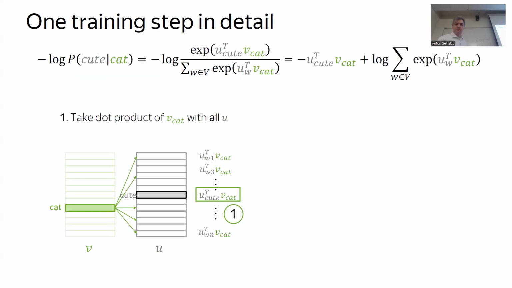But here's the idea. Because we use SGD, we work with just one central word instead of the sum over T words. And when we apply log, then we will get the dot product minus the log of the sum in the denominator.